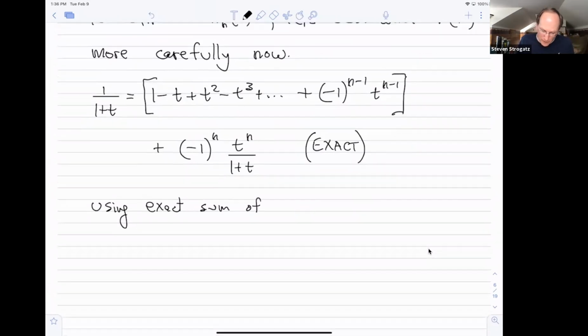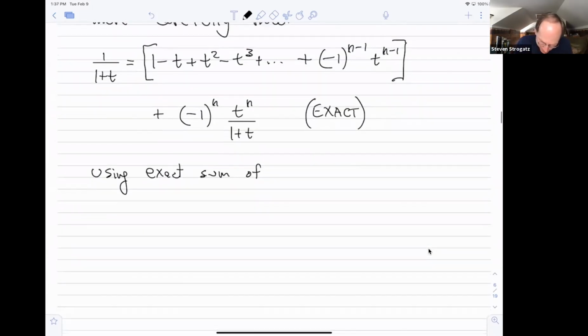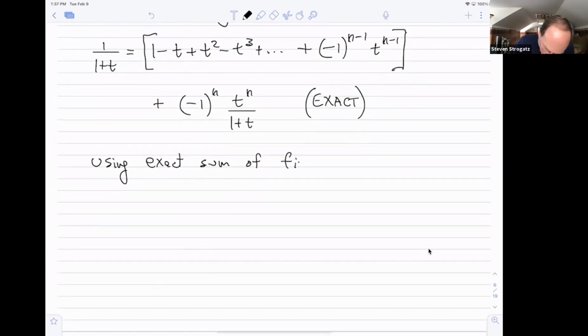Look at the square bracketed expression. That's just a finite geometric series with a ratio of minus t between consecutive terms. And so you can write down the exact sum of that using the trick that Gauss discovered when he was 5 years old or whatever that story is.